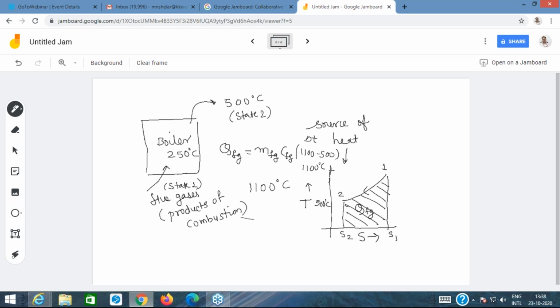So the heat which is lost by the flue gases can be represented as the area under the curve 1 to 2 on a temperature entropy diagram, and it can be calculated as m Cp delta T. The question is, what about its exergy? How do you calculate its exergy?